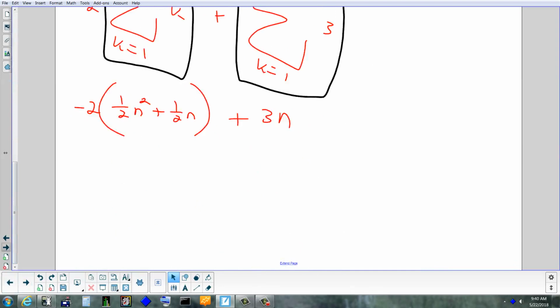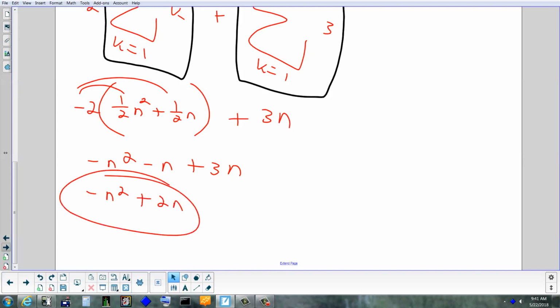And now that you've done that, from here just do it out, combine like terms, and make it look nice. So distribute, and you get negative n squared minus n plus 3n. You can see how much time it saves if you have the FOILed version written down. You don't have to do it right now. And then combine that. So negative n squared plus 2n.